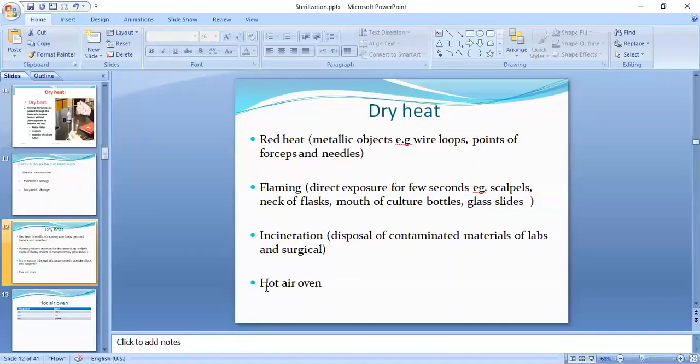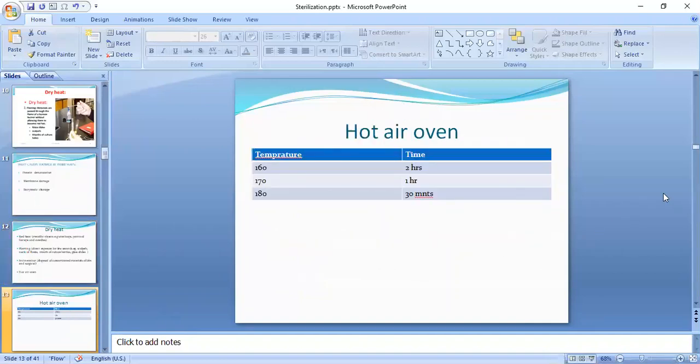And the fourth one is the hot air oven. What is the hot air oven? This is an instrument, and it has specifications.